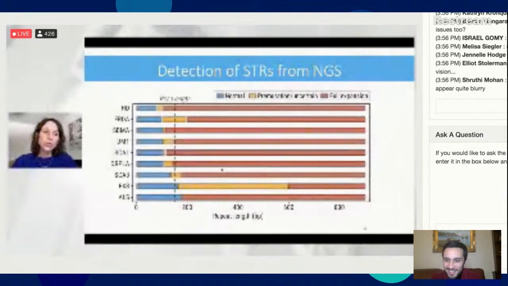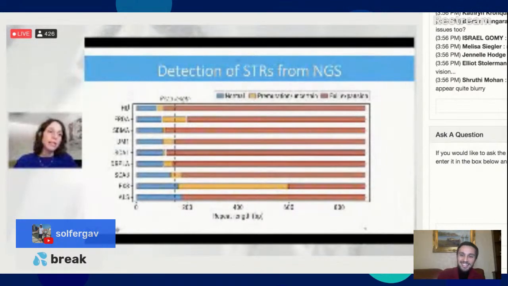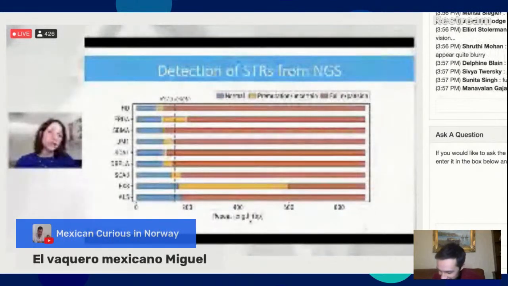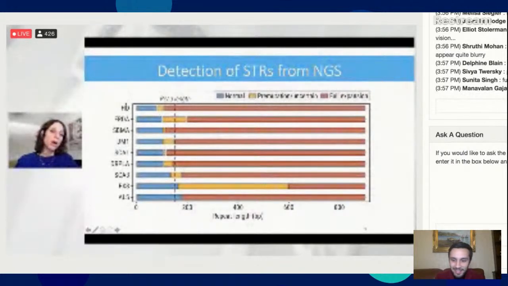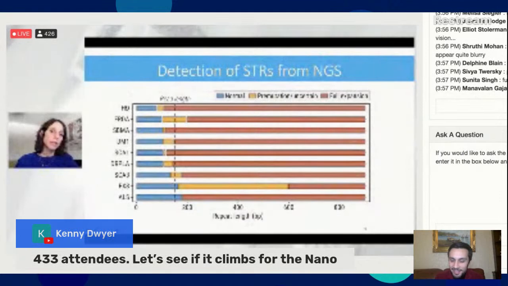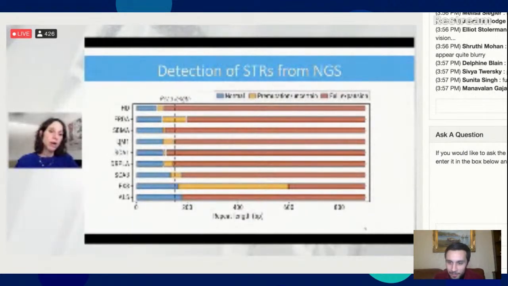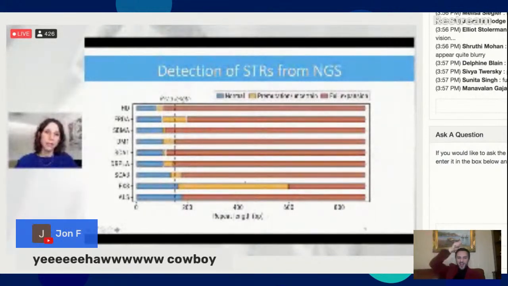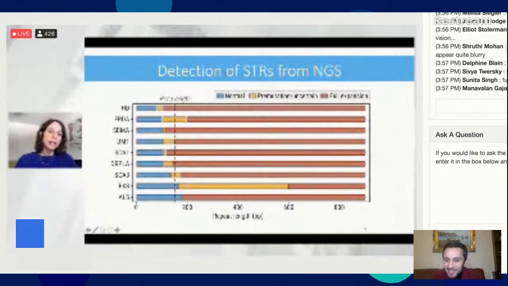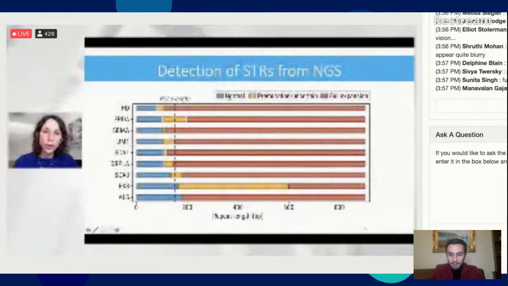This slide shows you the relationship between STRs in different loci, the repeat length, and the sequencing read length. On the y-axis, we've got the different short tandem repeat expansion loci, so Huntington disease, Friedreich ataxia, SBMA, and so on. On the x-axis, the repeat length. Alleles are colored in different colors: in blue, normal alleles, yellow, premutation alleles, and red, full expansions.